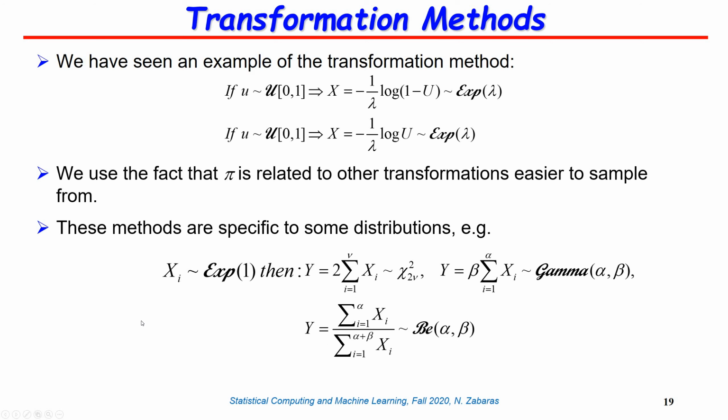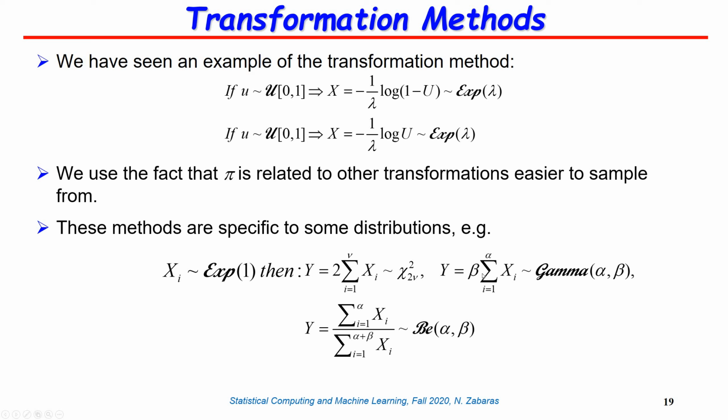You can show the following: if you take 2 times the sum of xi's, where xi's are sampled from this exponential distribution with parameter 1, and the index nu here is an integer, then what you get are samples from the chi-square distribution with 2n degrees of freedom.